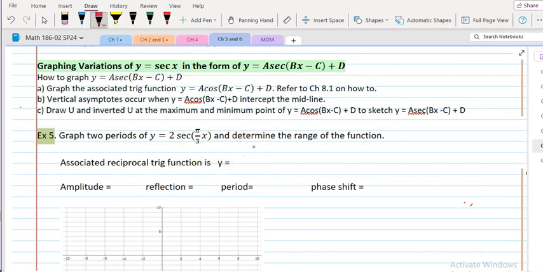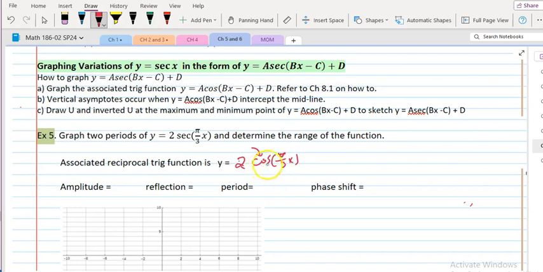So for example, I'm going to do 2 periods of y equals 2 secant pi over 3 x. The associated reciprocal trig function is y equals 2 cosine pi over 3 x. Notice you don't have to change the 2 to 1/2. Just the same, 2 cosine pi. The only thing you change is the function name.